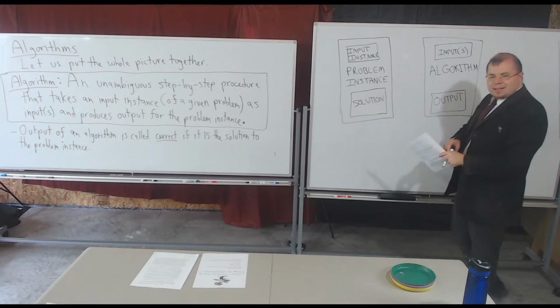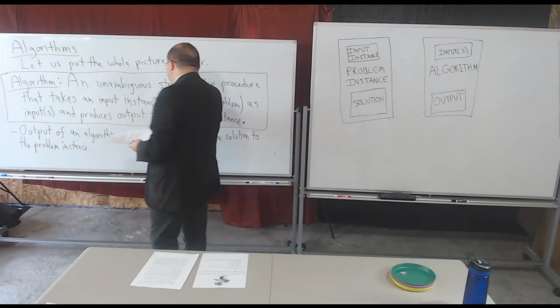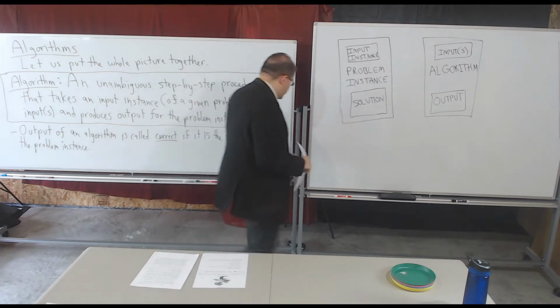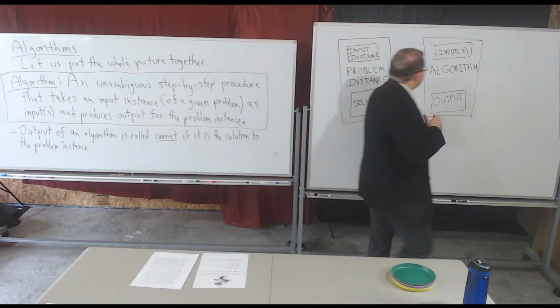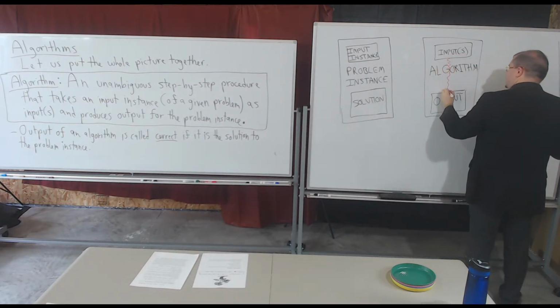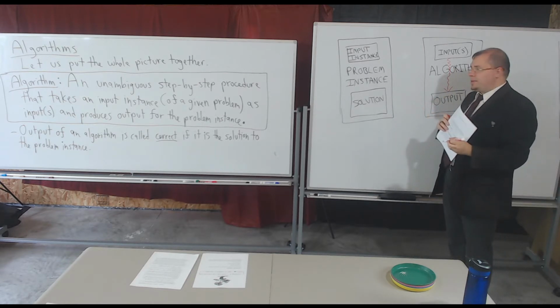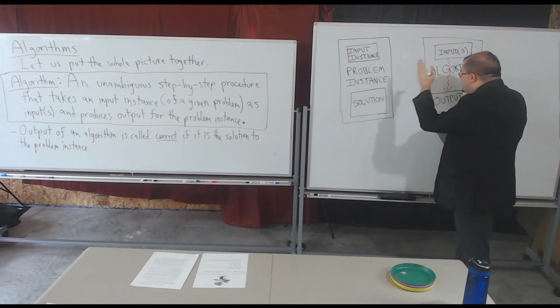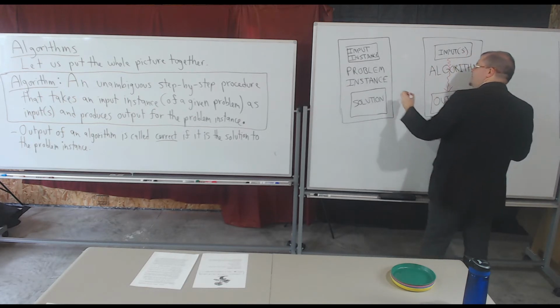So how exactly does this algorithm, what did we say in this definition? We say that it takes an input and produces output. So what does the algorithm do? Well, it takes an input, it will produce some output, right? But to do that, I have to give some input instance as input, right?